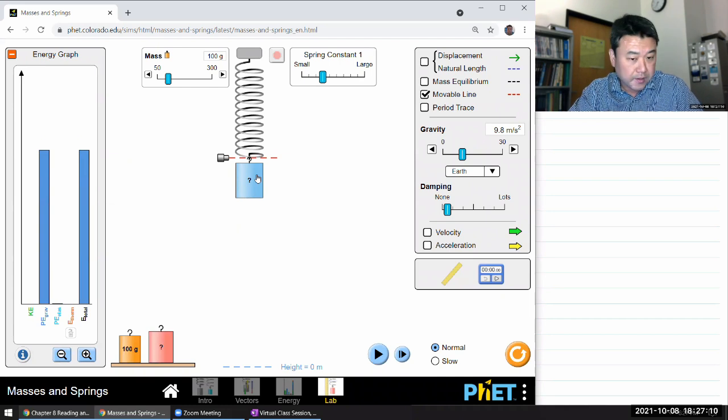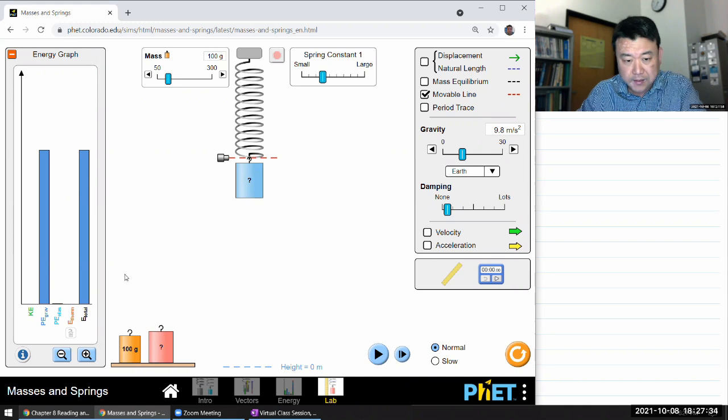And the other thing is the direction of change of either the gravitational or spring potential energy alone doesn't really tell you how your total potential energy changes. So it doesn't tell you how your kinetic energy, which is the mechanical energy minus the total potential energy, would be changing.